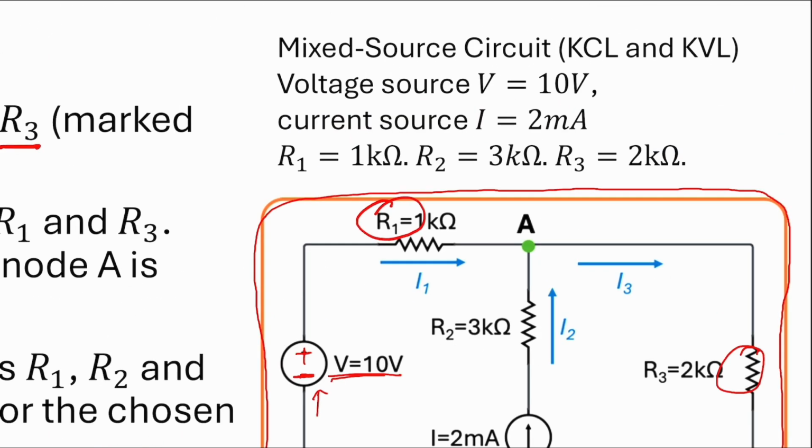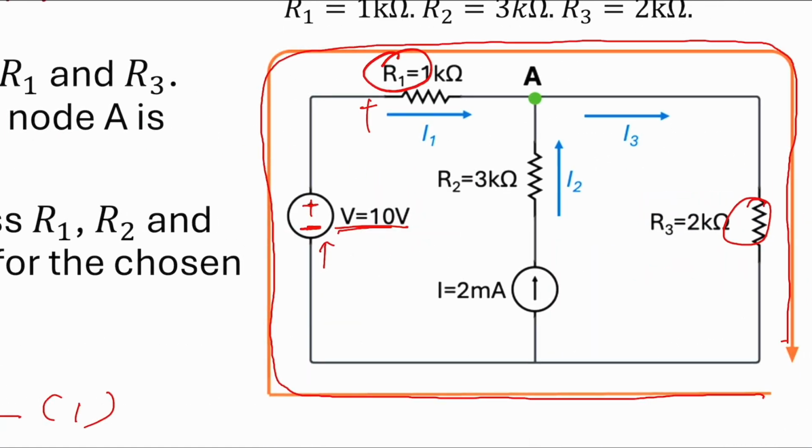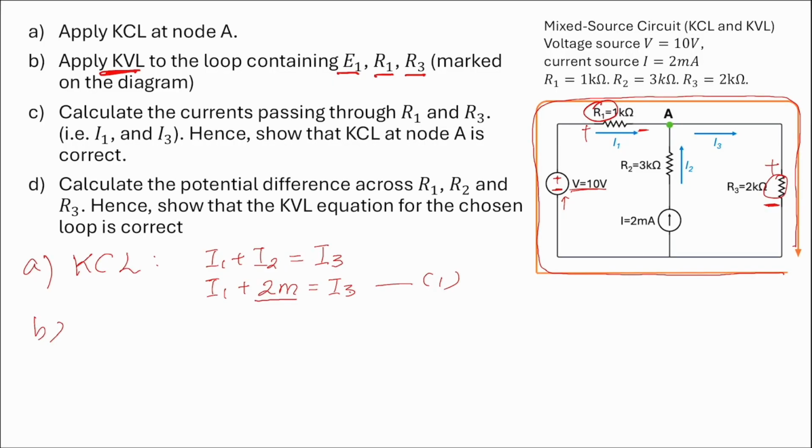Here, R1, we first put this as positive because the current I flows from the positive to the negative. R3, this must be positive, and this must be negative.